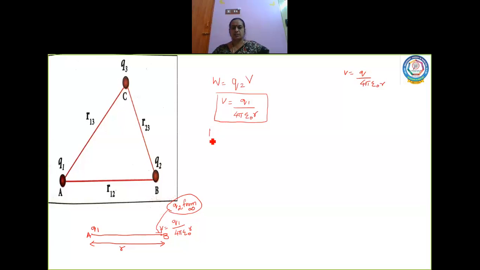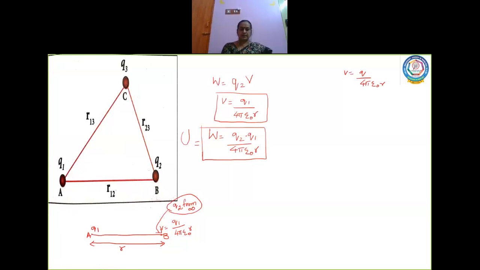So the work done in bringing the charge Q2 from infinity to the point is Q2 into, instead of V, I substitute Q1 by 4 pi epsilon naught R. This is the equation for the work done. Now this work done is stored as potential energy. Is it clear, children? So the potential energy depends on the distance between the 2 point charges.